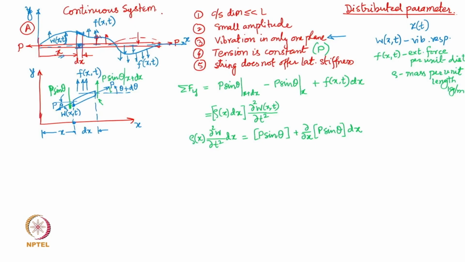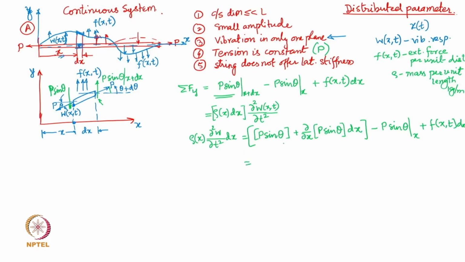So that is p sine theta at x plus dx position, minus p sine theta, the vertical component of the force at x position, and then plus f of x comma t dx. That's your complete equation.